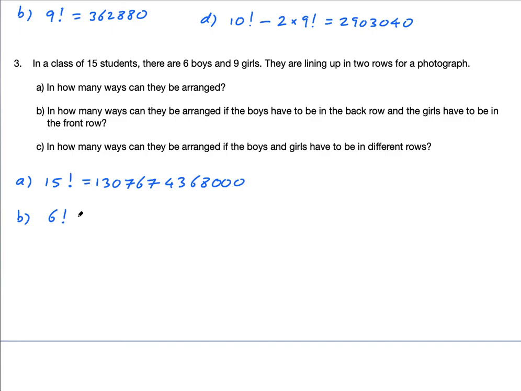So we have to do 6 factorial times 9 factorial, because the boys are all being arranged at the back, and then for every arrangement that you have of the boys at the back, you have 9 factorial ways to arrange the girls at the front. So again, a lot of ways, but it won't be as big as this.